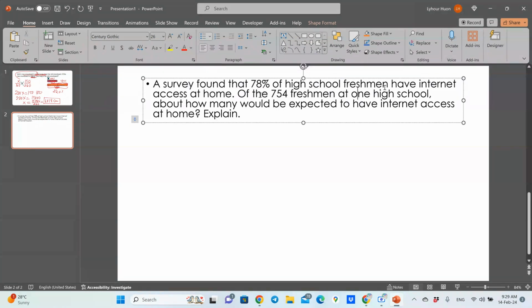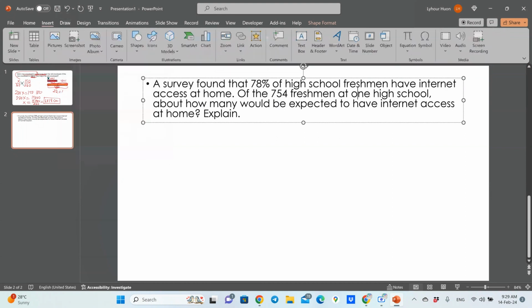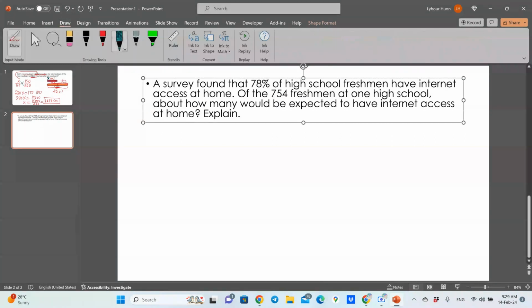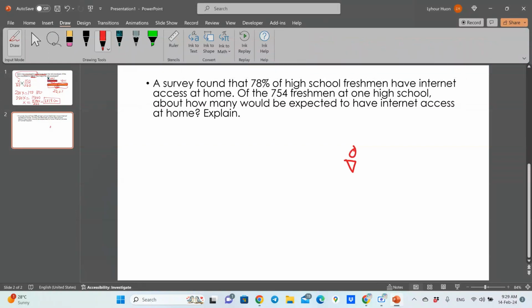So of the 754 freshmen at one high school, how many would we expect to have internet access? So basically, let's say the whole class, we have a total of 754 freshmen. Right? This is the total number.